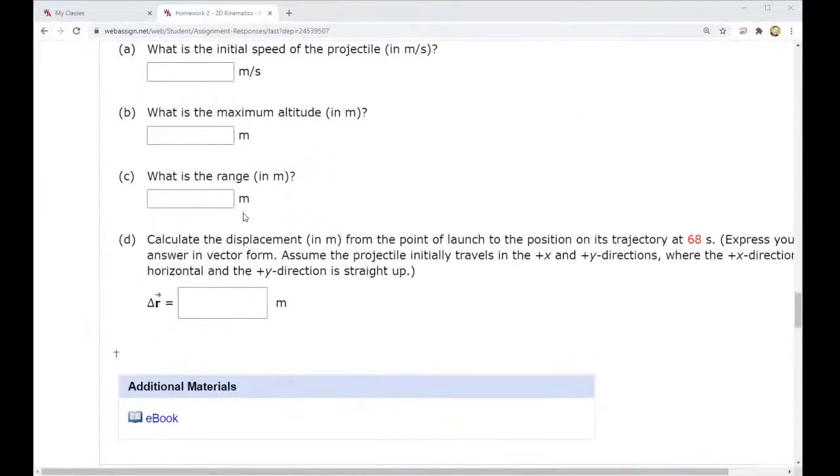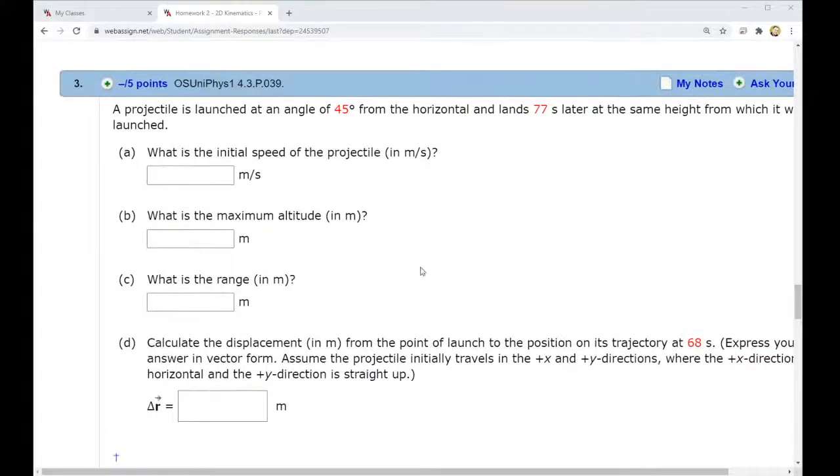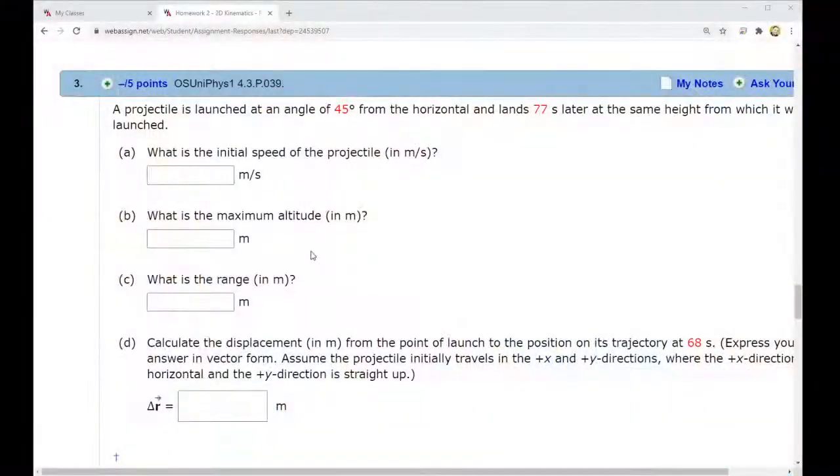Okay, so let's go back here to this problem. All right, so problem 3. A projectile was launched at an angle of 45 degrees from the horizontal. So that means, these words, 45 degrees above the horizontal, okay? Like that, that's what that's telling you. Part of this is just interpreting the words on the page.